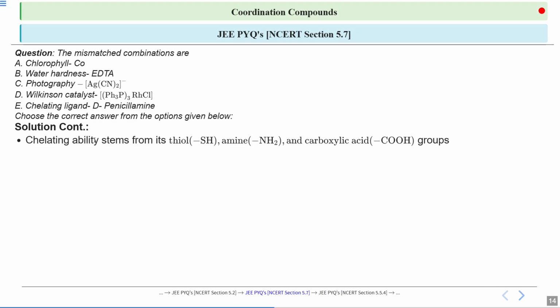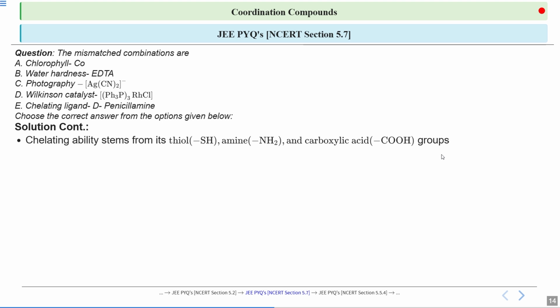If you want to know more, its chelating ability stems from its thiol, amine and carboxylic groups. What are the donor atoms in D-penicillamine that build its chelating effect? Its chelating ability comes from its thiol, that is SH, amine, that is NH2, and the carboxylic acid, that is COOH group.